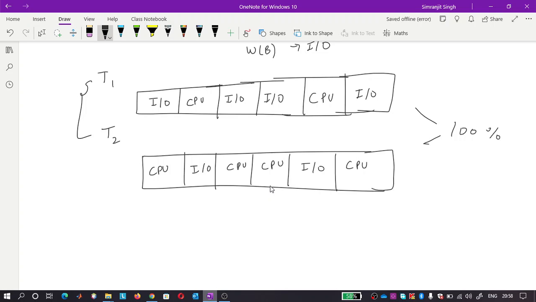This kind of problem can also happen there. We are using the same concept here. When transactions T1 and T2 are using the same shared variable, there are a lot of things that we have to see.